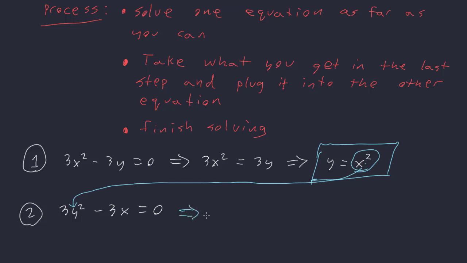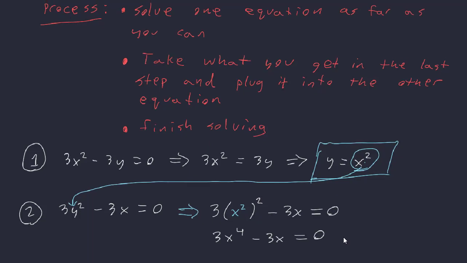Which is going to change this to 3, the y becomes x squared, but we're squaring y, so it's going to be 3 times x squared squared minus 3x equals 0. Okay, so we're going to get 3x to the 4th minus 3x is equal to 0.